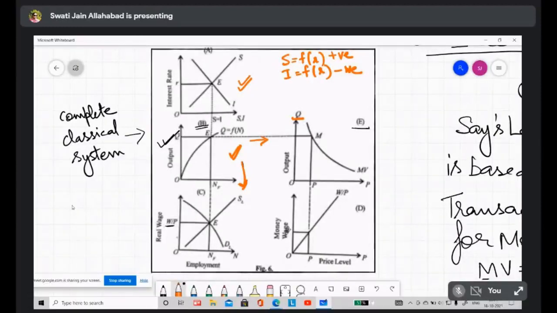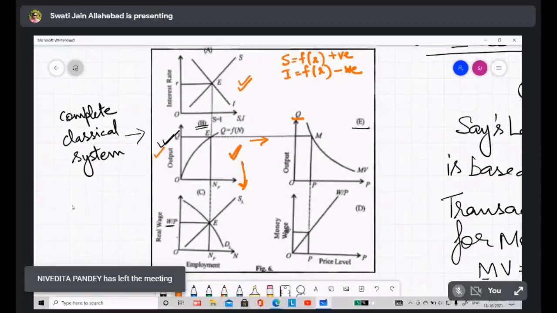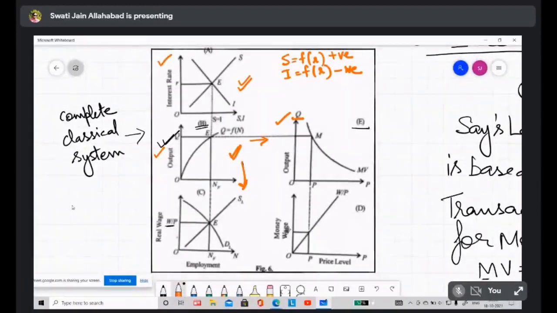Investment inversely depends on R, and saving positively depends on R. So when you talk about Say's law of market, please remember that this diagram is very important for you to draw. Okay? And this explains completely why supply creates its own demand.